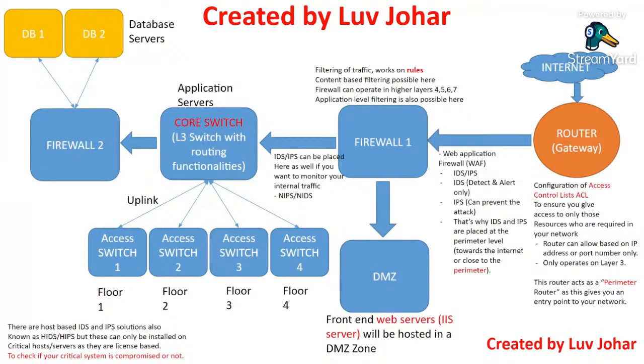But if you place IDS and IPS near the core switch, near your internal traffic, then you are trying to monitor the internal traffic, guys. This is the difference. You can place the devices anywhere, it's not a problem. It depends upon what exactly your requirement is, what the need is, what you actually want to do.